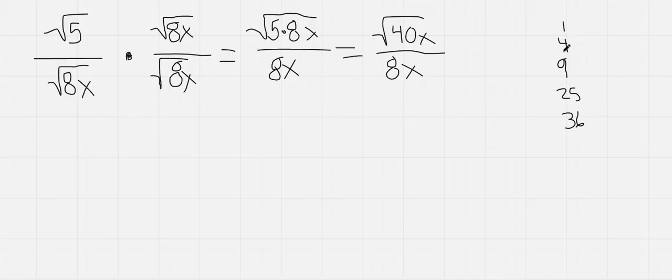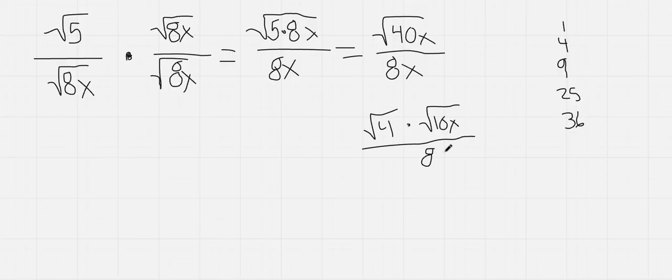We already see 4 is a factor of 40, so we're going to change that to the square root of 4 times the square root of 10x, because 10 is the corresponding factor of 4 that equates to 40, divided by 8x.